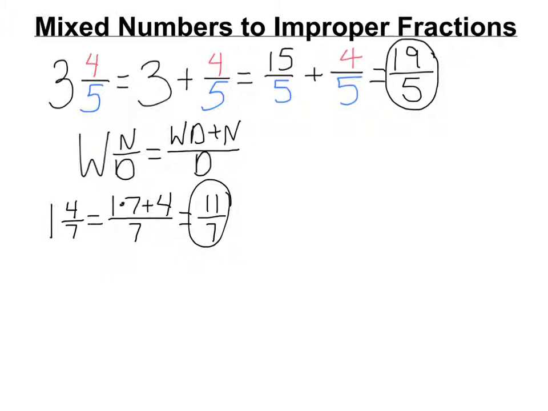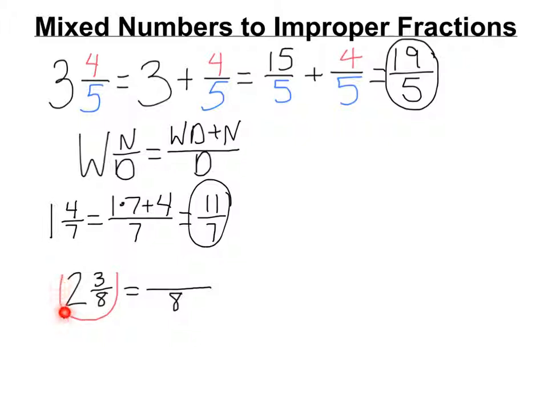Let's do one more example. 2 and 3/8. If it helps, you can kind of imagine a U in this problem. As I work it out, I know the denominator is going to stay the denominator, but it can get confusing what goes on top and in what order. Well, I know I'm going to multiply two things and add the third thing, but which two do I multiply and which one do I add?